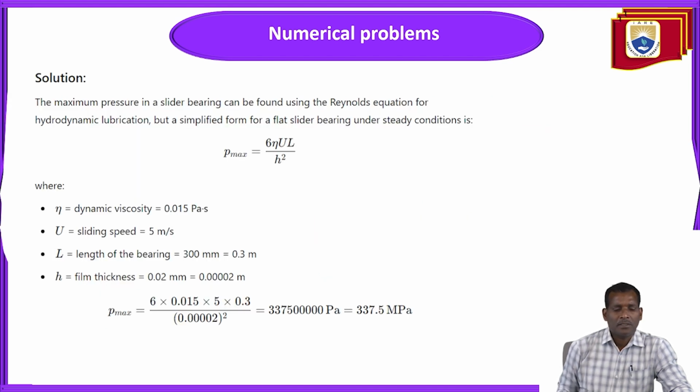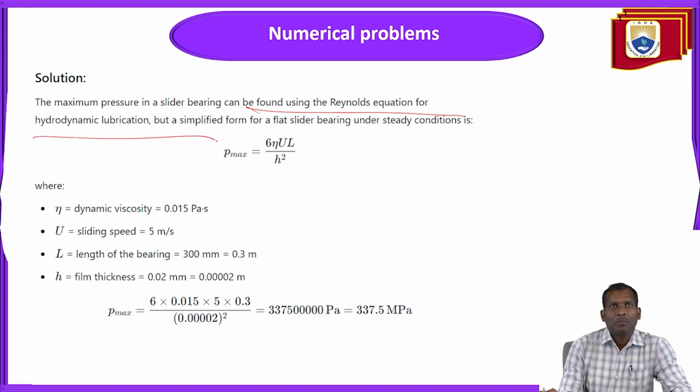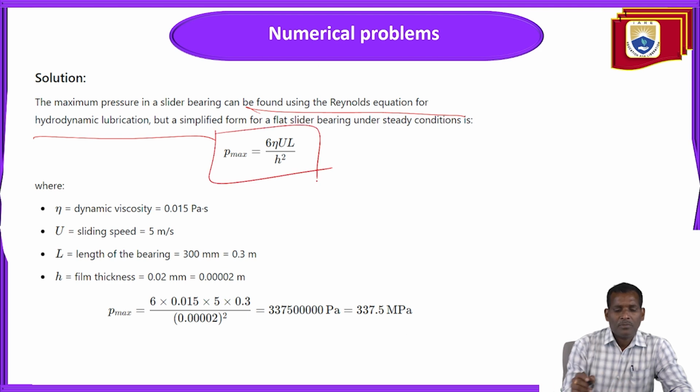The solution: the maximum pressure inside a slider bearing can be found using the Reynolds equation for hydrodynamic lubrication, but a simplified form for a flat slider bearing under steady conditions. So P max is equal to 6 mu U L by H square.